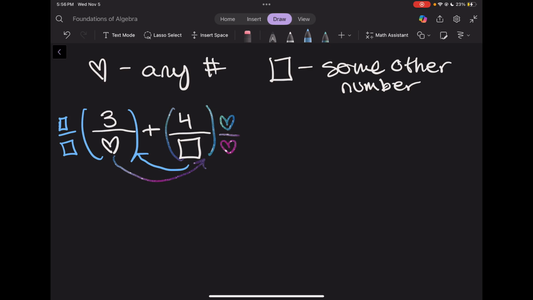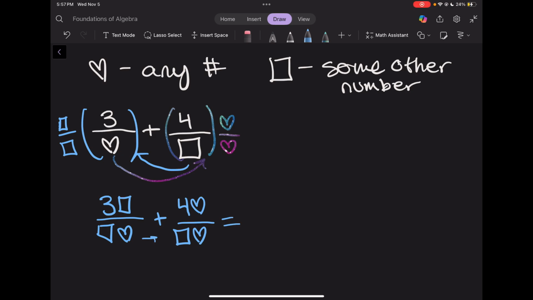So then what I end up with is 3 times the square, because we're multiplying fractions, over square times heart, plus 4 times heart over square times heart.